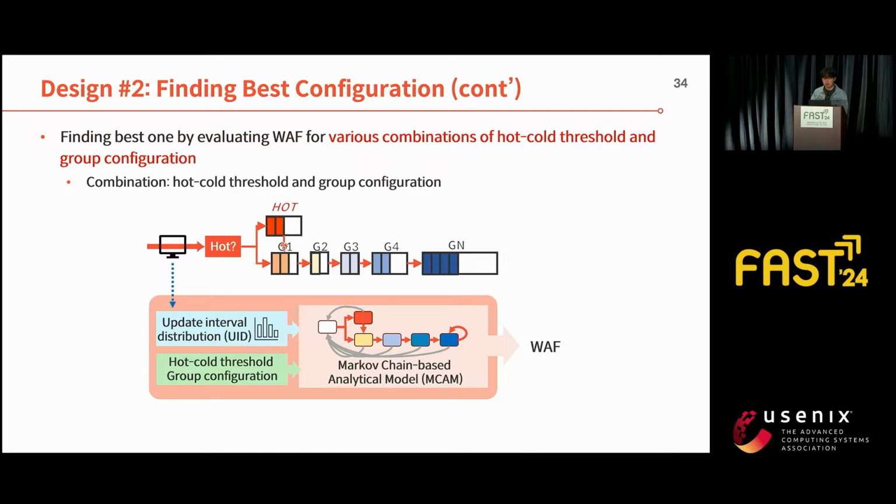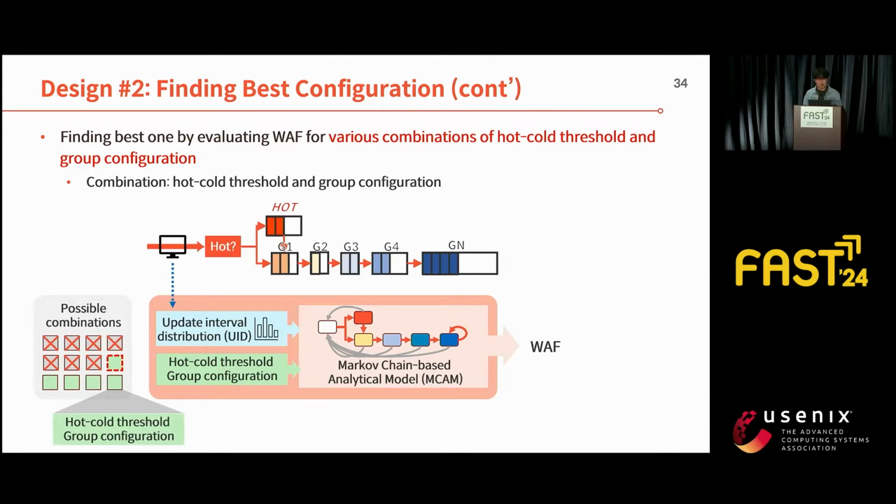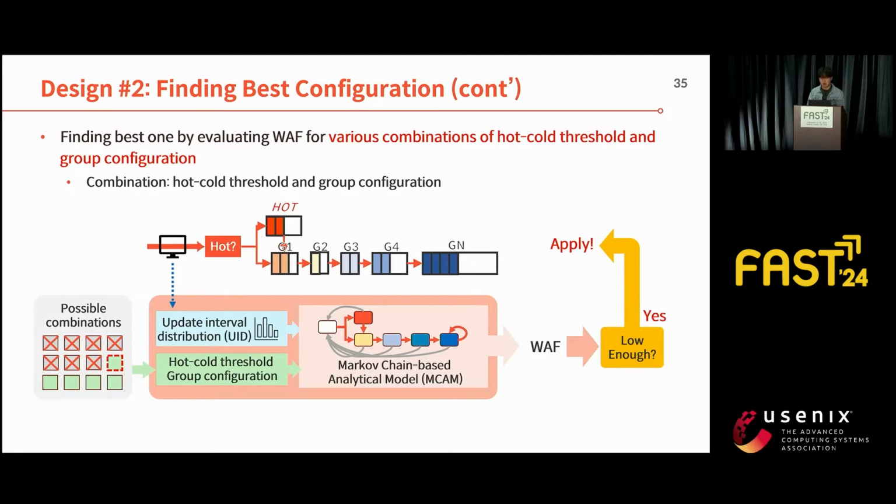By using this WAF prediction system, we can identify the best combination of hot-cold threshold and group configuration by evaluating the WAF for various combinations. I'll show an example. For any possible combination, MiDAS predicts the WAF. And if the predicted WAF is sufficiently low, we apply this hot-cold threshold and group configuration to the MiDAS system.